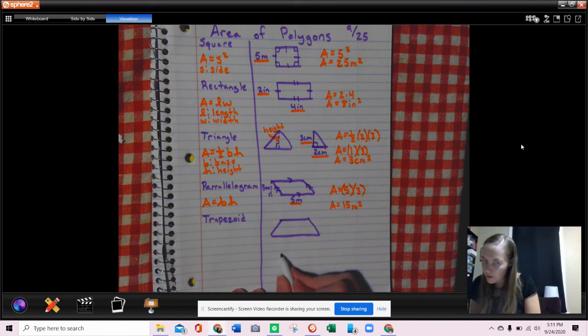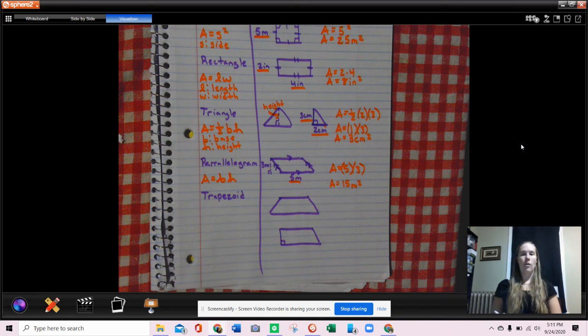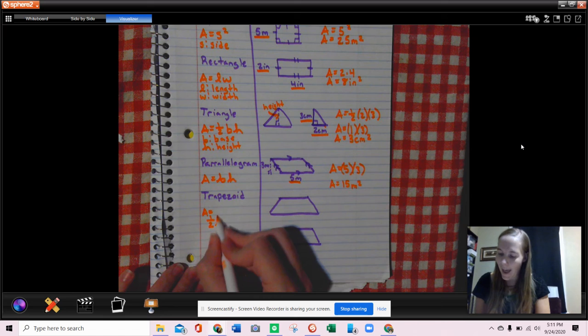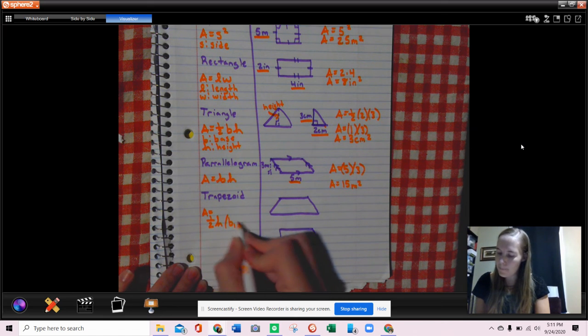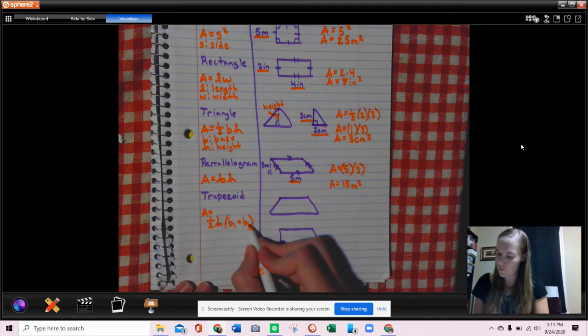They can also look like this, where this is a right angle here. So for an area of a trapezoid, the area is 1/2 the height times base 1 plus base 2.